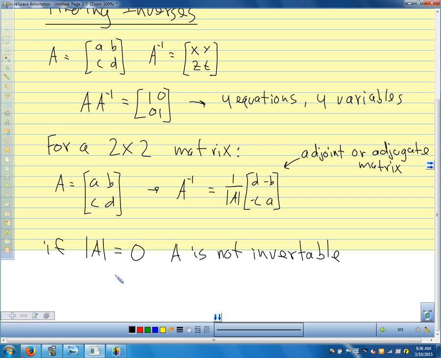So a fairly easy test. Then we have a singular matrix, and if we're solving a problem with that, we have to do a little more work. All right, I want to do one example of finding the inverse of a 2 by 2 matrix. Then we'll see how we use that to solve a system of equations.